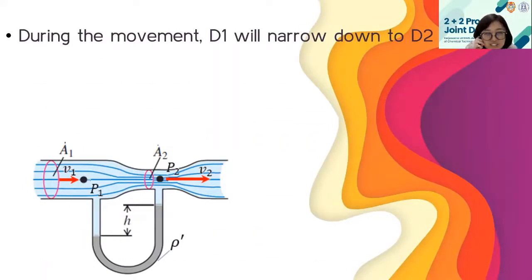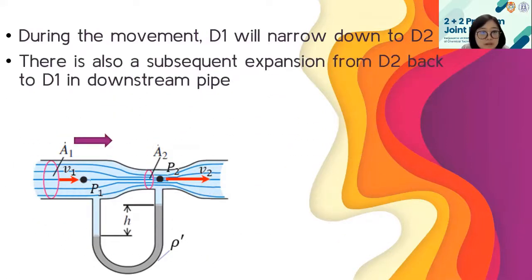So how does it work? During the movement from the left to the right, diameter 1 will narrow down to diameter 2. So as I said to you, area 1 will narrow down to area 2. But there is also expansion.